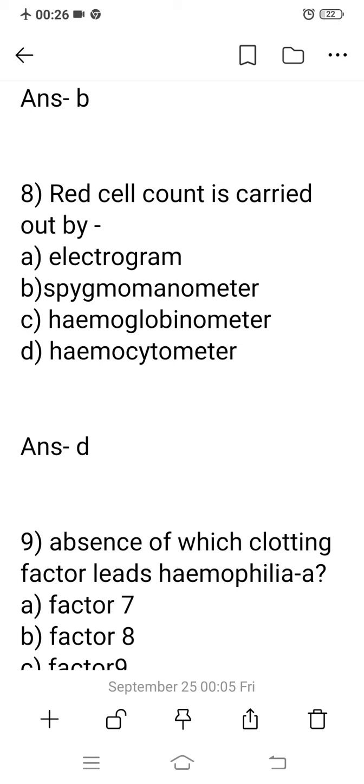Option B, sphygmomanometer, is the procedure for measuring blood pressure, so it is not the right answer. Option C, hemoglobinometer, measures the hemoglobin level, so it is not the right answer. Option D, hemocytometer, is the device in which red cell count is carried out. So option D is the right answer.